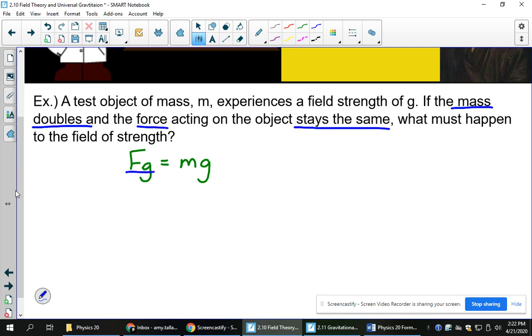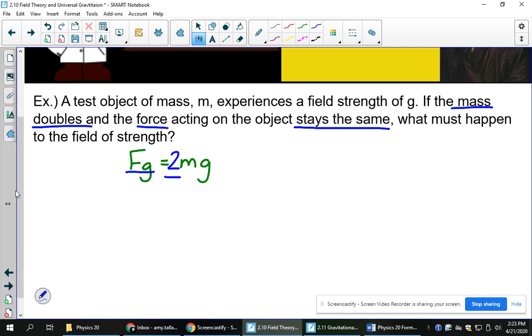So we need to keep the force of gravity the same number, but we're going to double the mass. I can't just put a 2 inside of an equation and have it still remain equal on one side and the other. I need to do something to counteract the 2.